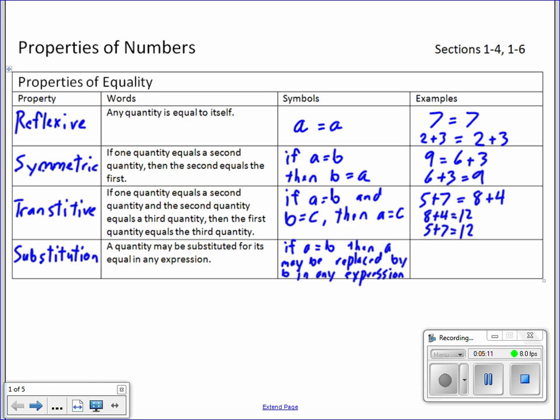So A equals B, then anytime we see an A, we can plug in B. We can plug that B in.